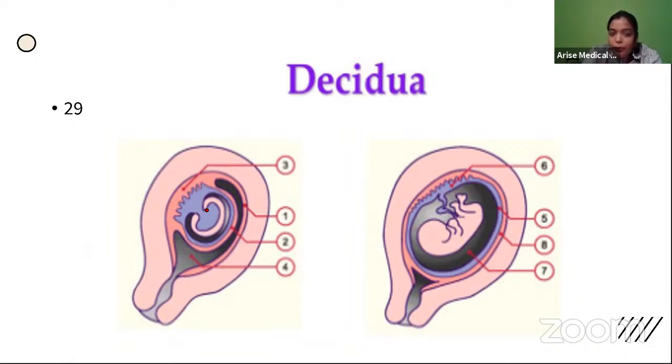This is the part of the decidua which is present below the blastocyst. This is called decidua basalis. The part of the decidua which covers the blastocyst is called decidua capsularis.